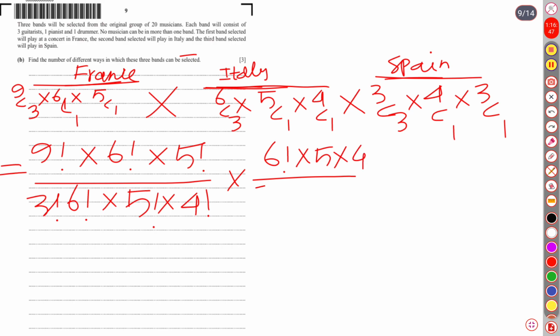So for the first one, if you write 3 factorial into 3 factorial, then 3 choose 3 is actually 1, and 4 choose 4 is actually 4, sorry, and 3 choose 1 is actually 3. If we calculate the first one, 6 factorial will divide this, 5 factorial will also divide this.